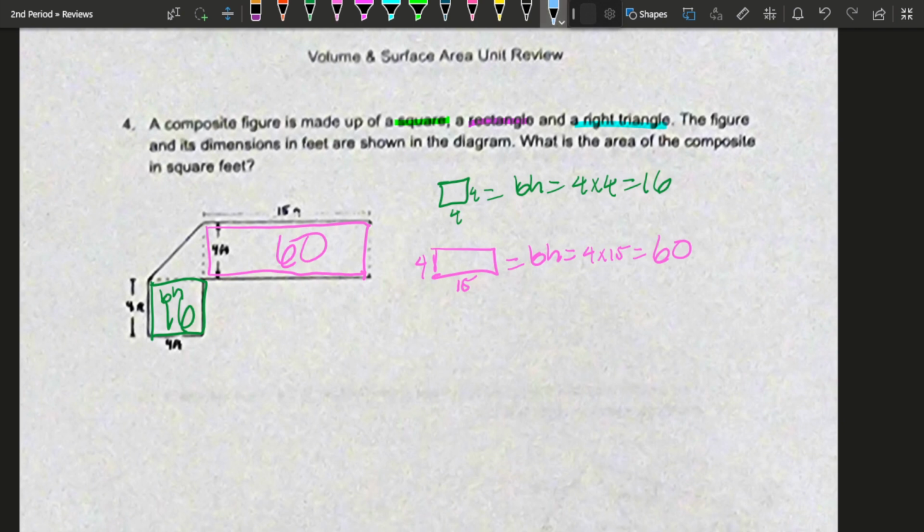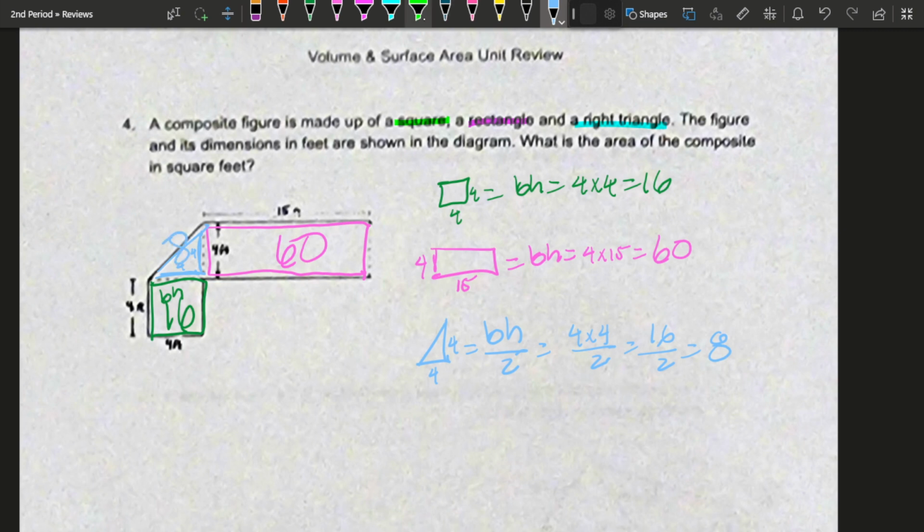And the middle one, how wide is it? 4. And how tall is it? 4. So for the triangle, 4 by 4. But the formula is different though. Base times height, but then divide by 2. So 4 times 4 divided by 2. So 16, and half of 16 is 8. So this right here is 8.